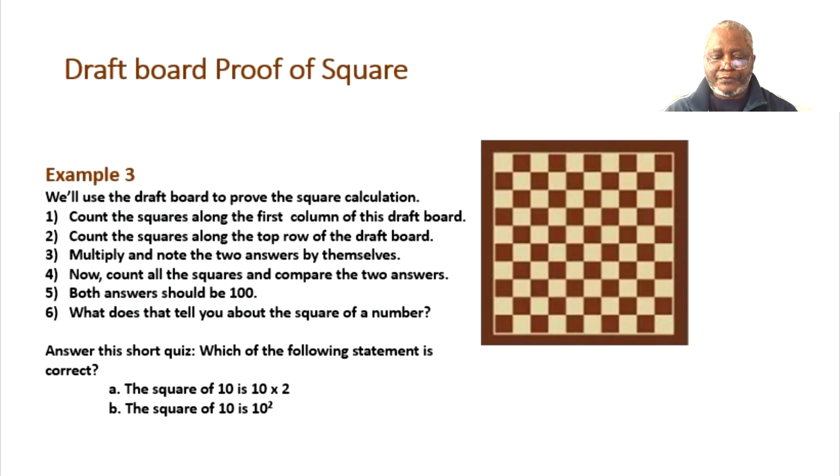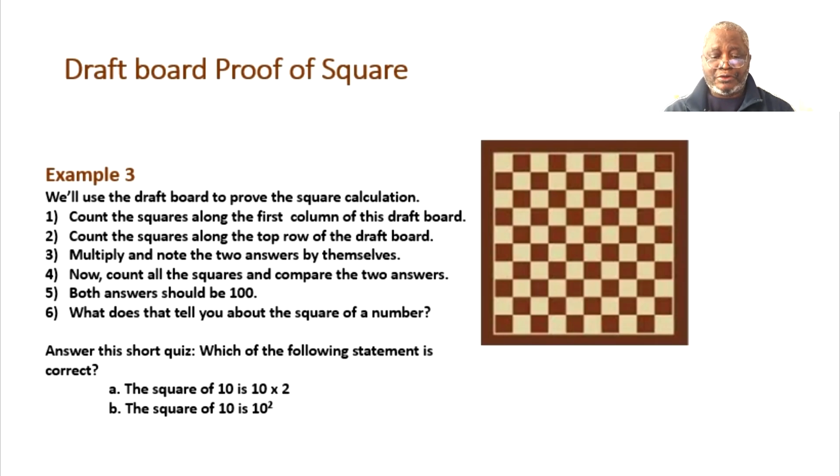And here I have a proof here that you can use to prove that square numbers are accurate. In this case, there's a draft board on the right. You count the squares along the first column of this draft board. Put your answer down, and then you count the squares along the top row of the draft board again.